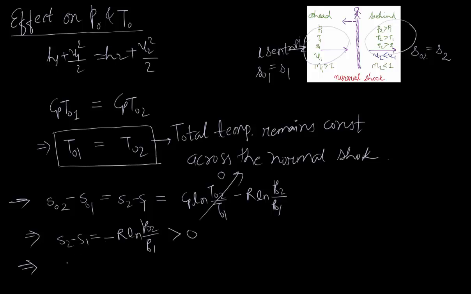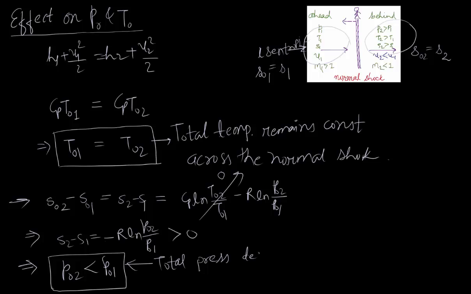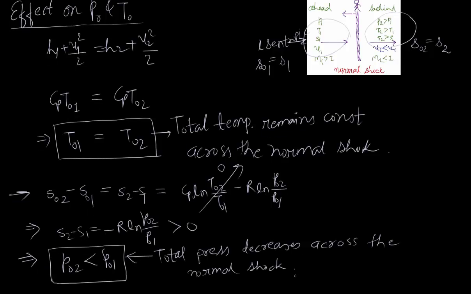This implies that P02 must be less than P01, and this tells us that total pressure decreases across the shock wave, across the normal shock. This ends the topic normal shock wave.